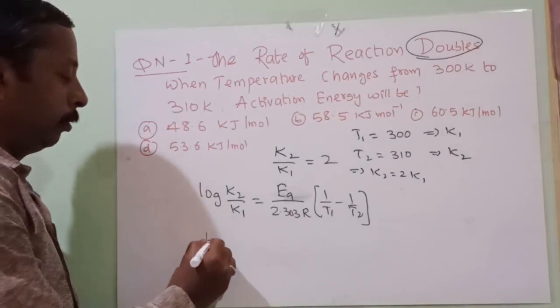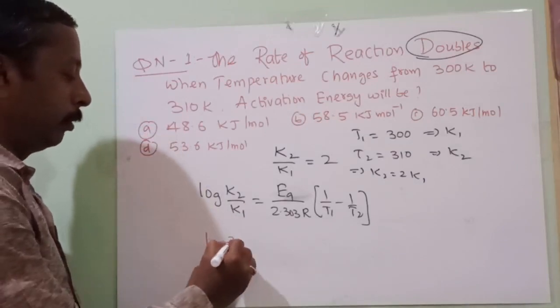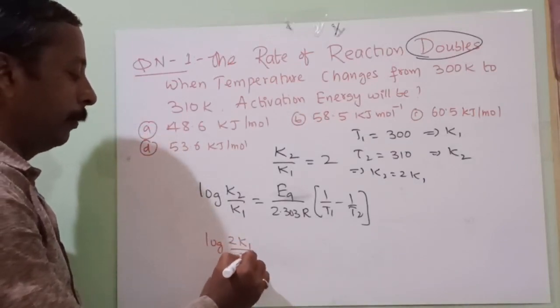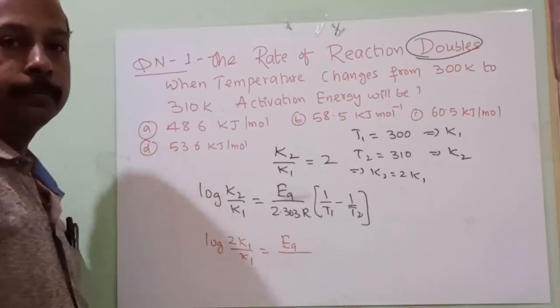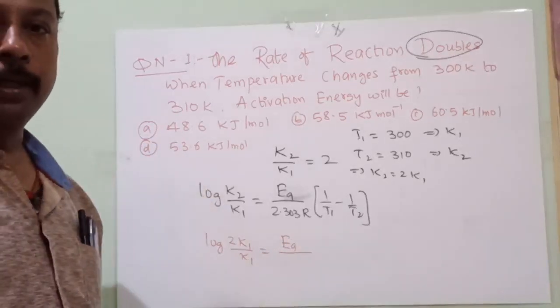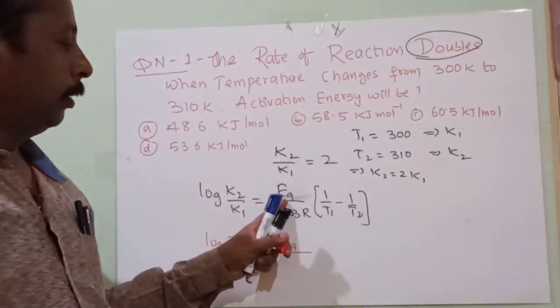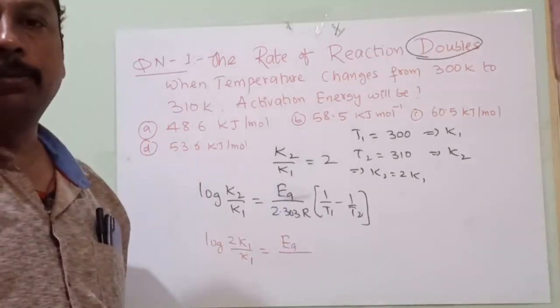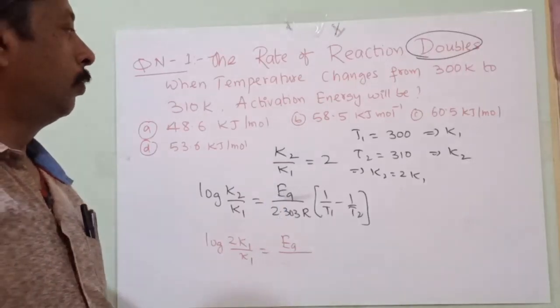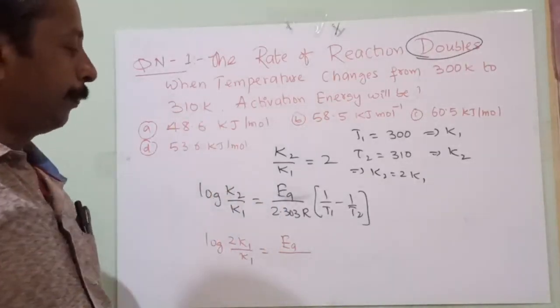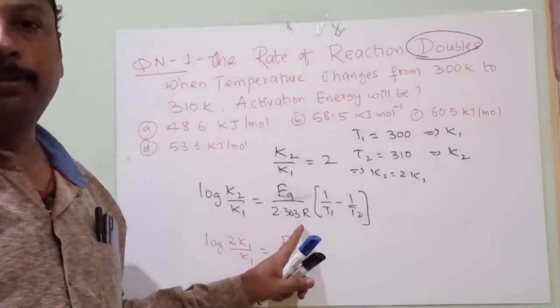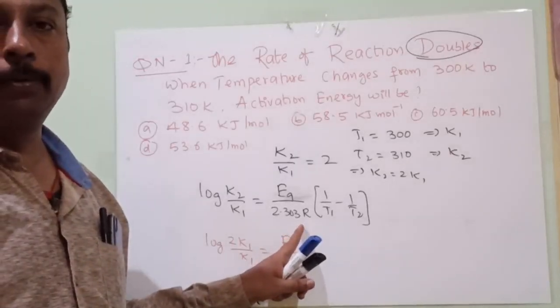Now I will tell you the substitution part. 2K1 by K1; EA is what you want to find out. One thing I wanted to tell you: whether EA is in calories or joules, you have to see according to the options. Here kilojoules are given, which means you should substitute R as 8.314.